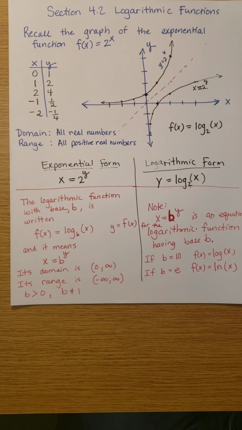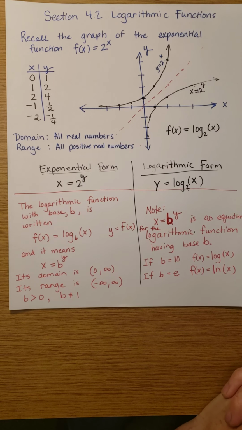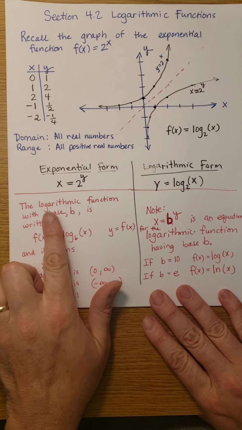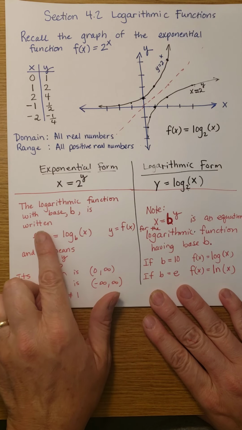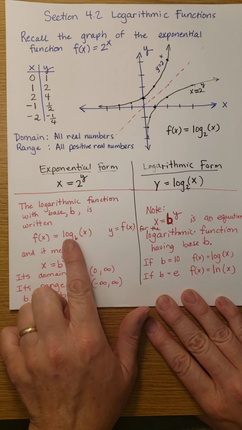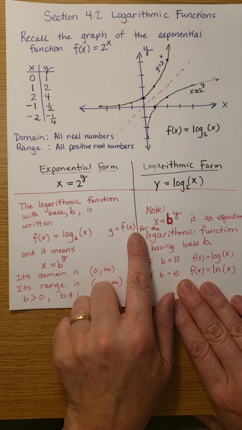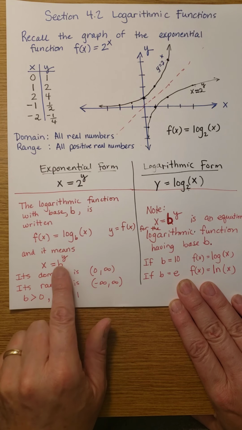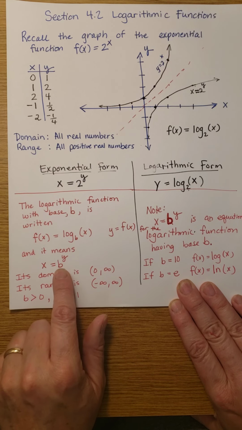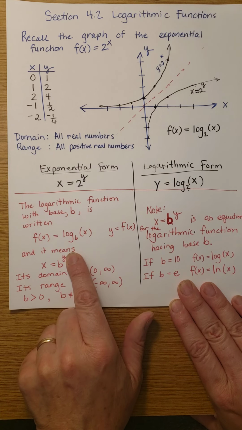In the previous video, I introduced the concept of a logarithmic function. The logarithmic function with base b is written f of x equals log base b of x, where y equals f of x. And it means that x equals b to the y power.